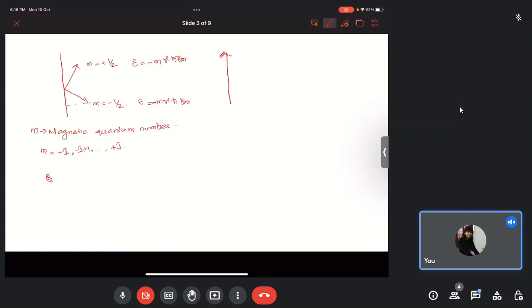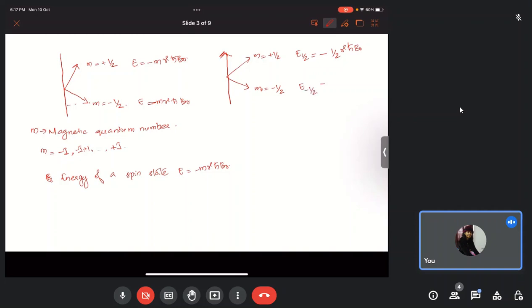For m equal to plus half, E plus half is equal to minus 1 by 2 gamma h cut B naught.